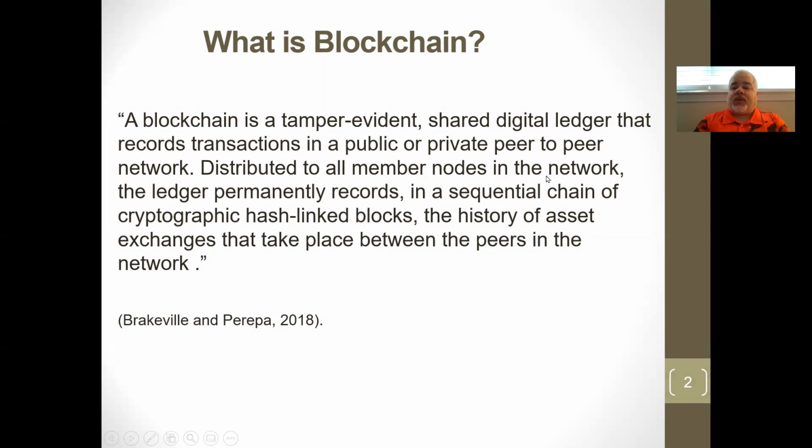So it's distributed to all member nodes in a network. You set up the network and every single node gets a copy of every single transaction. The ledger permanently records in a sequential chain of cryptographic hash-linked blocks, meaning every time there's a transaction in the system, it goes to every single network node in the system.